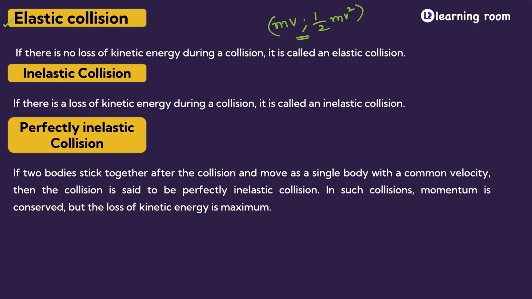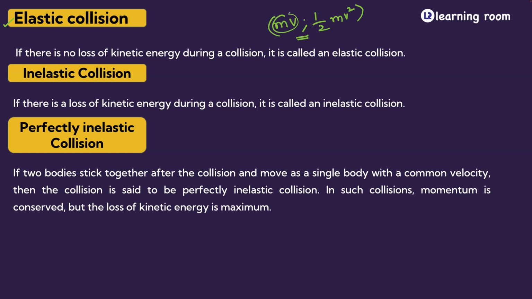So I told you on the basis of which parameter the collisions are going to get classified as elastic and inelastic. If you observe, in all types of collisions, whether it is an elastic collision or inelastic collision, the linear momentum of the system is always conserved.